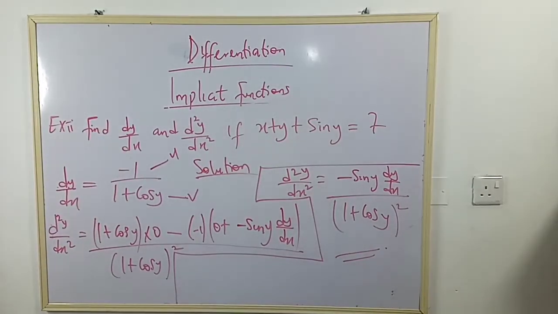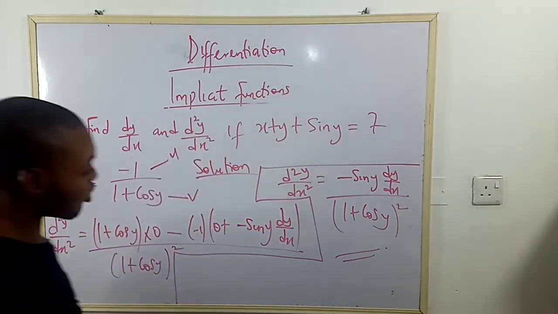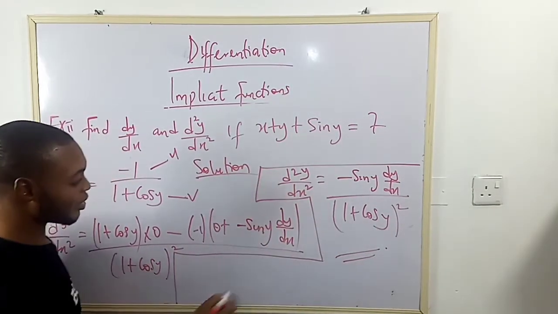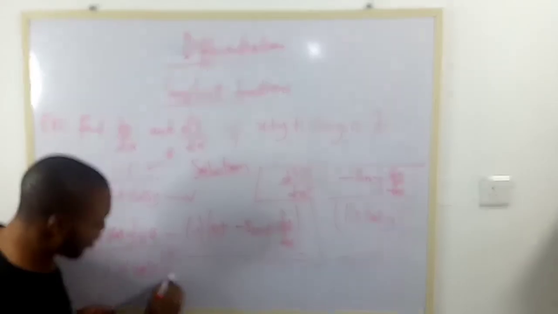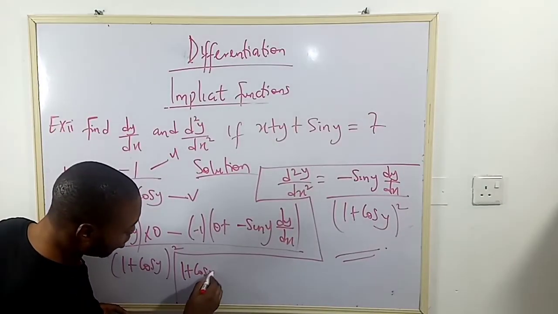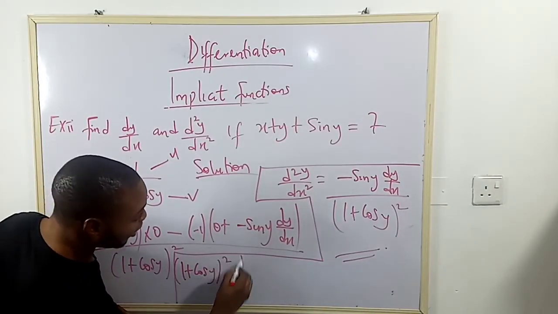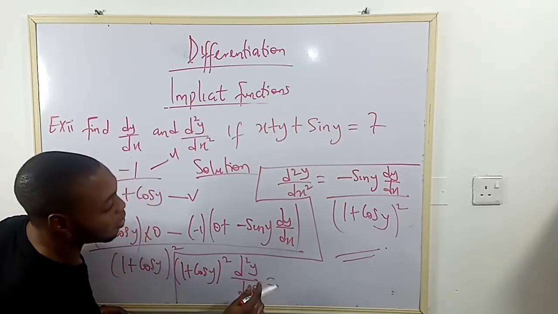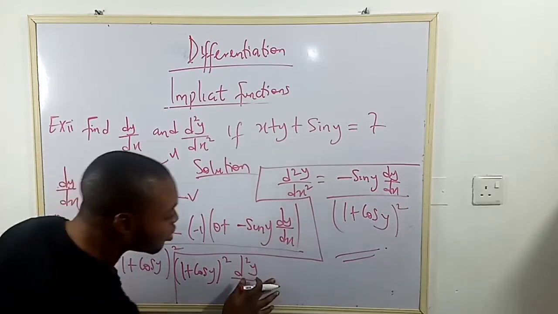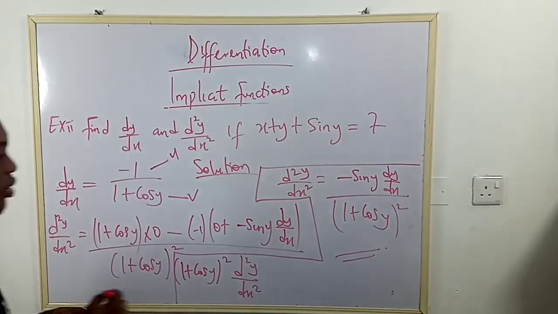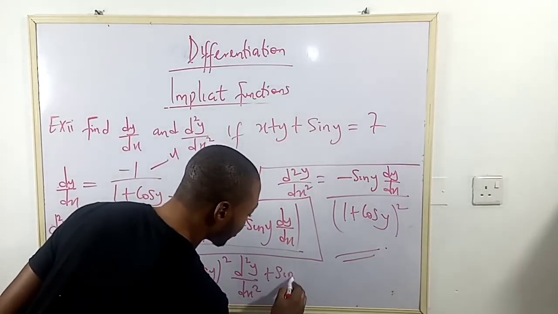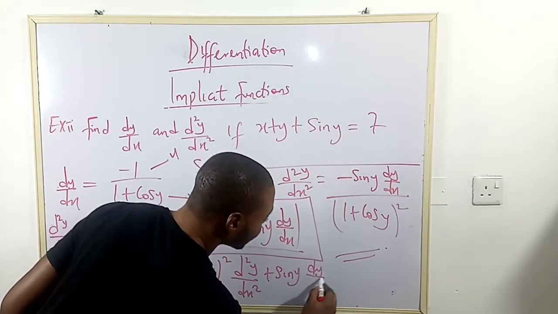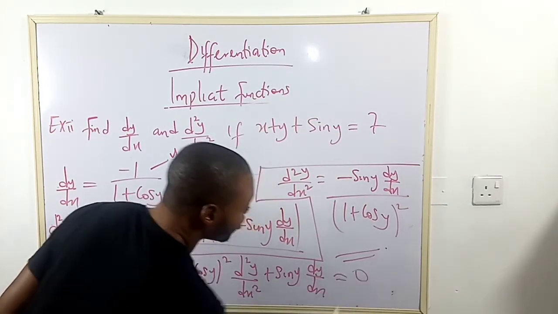Well, you can decide to make it linear. If you want to make it linear, you cross multiply, and you're going to have (1 plus cos y) d²y/dx² plus sine y dy/dx equals 0.